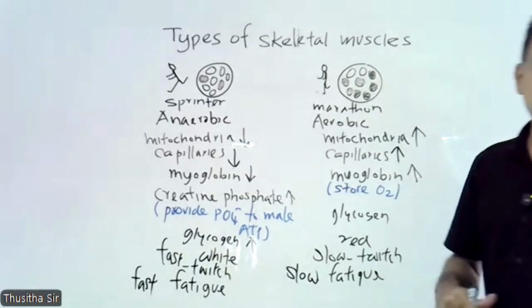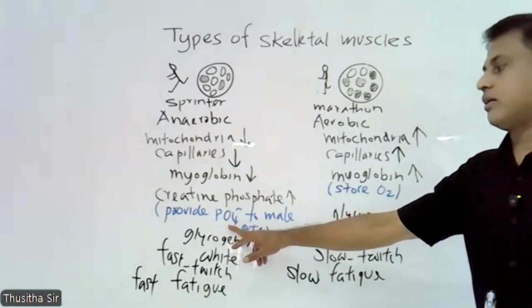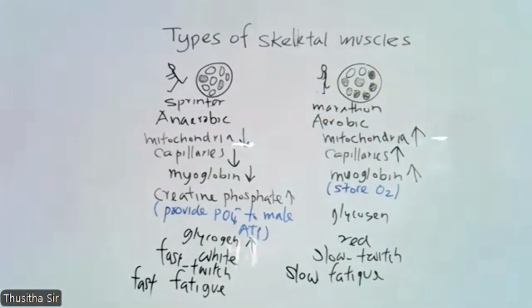Creatine phosphate. That's a phosphate, like a phosphate group, yeah. It provides phosphate to make the ATP.